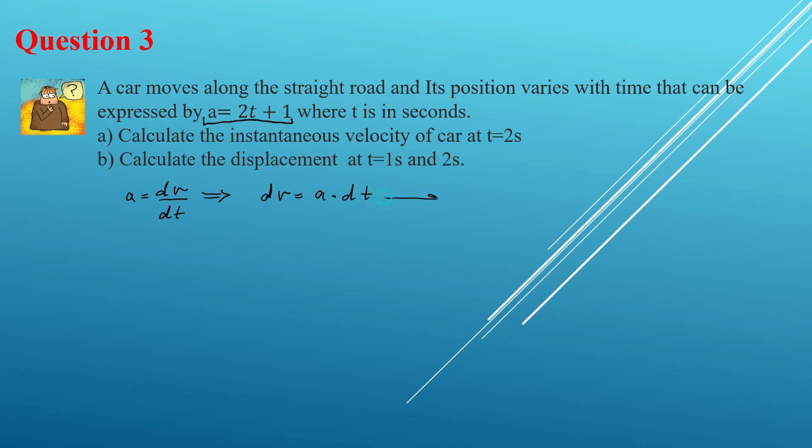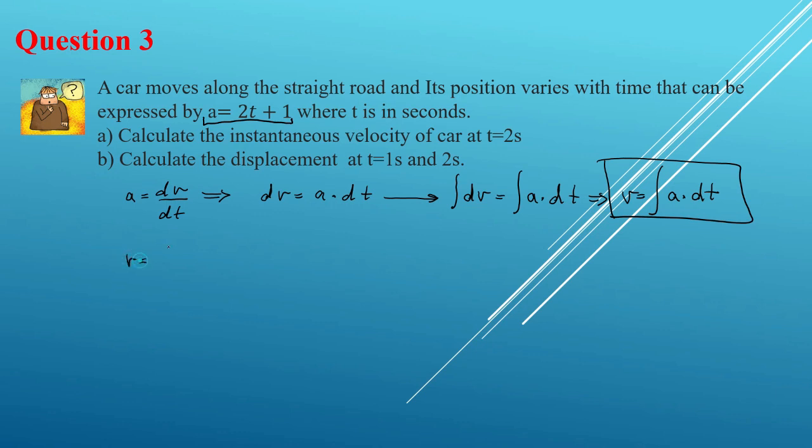And for calculating this type of problem, I need to take the integration, right? So it's going to be the integral of dv equals the integral of a dt. So based on this equation right here, I need to take the integration of a in order to calculate the velocity, right? Let's see how I'm going to do that.